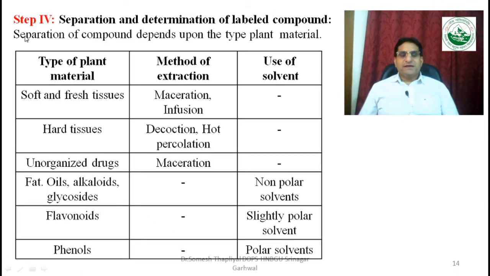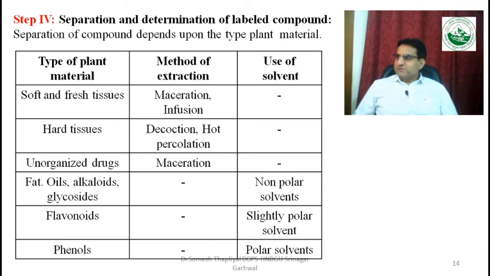Then the next step is the separation and determination of the labeled compound. Separation will depend on the type of plant material. For soft and fresh tissues, commonly used extraction methods are maceration and infusion. For hard tissue, decoction and hot percolation methods are commonly used.